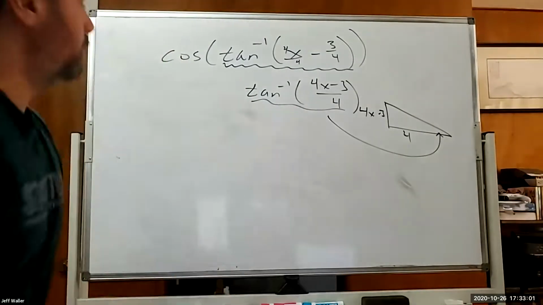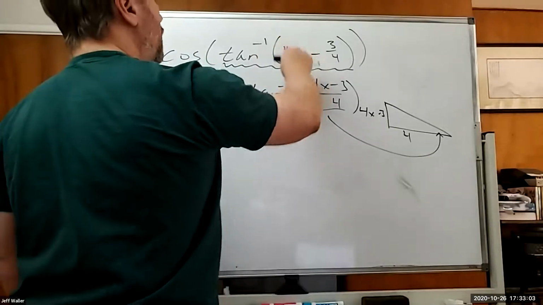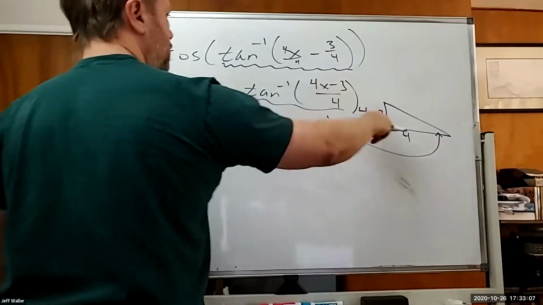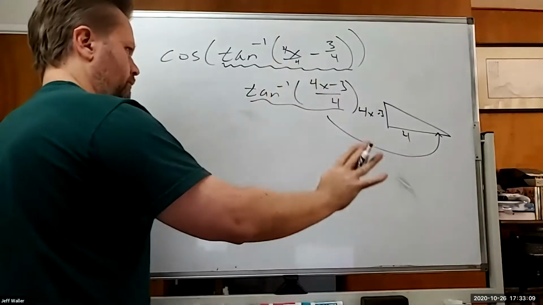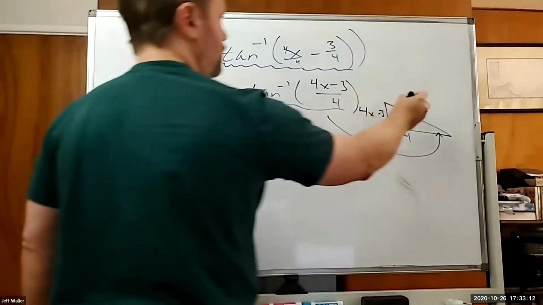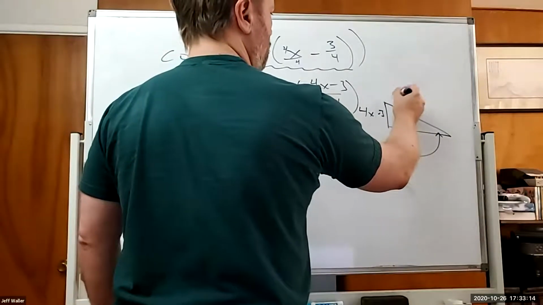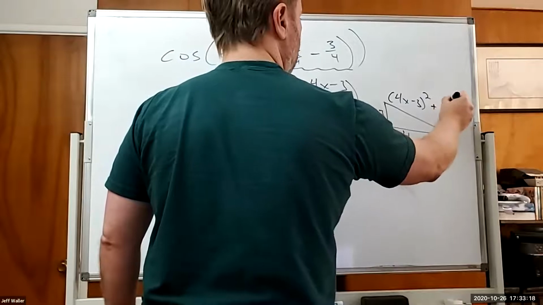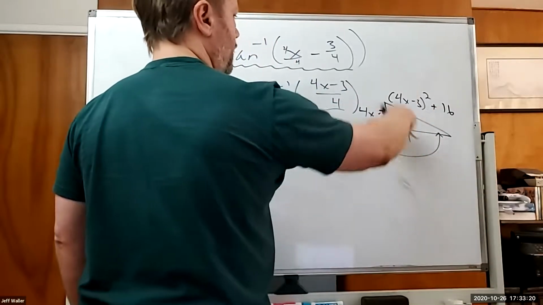Okay. So remember, inverse trig functions are angles that you can make live in a triangle, and this is the ratio of the appropriate sides. And now I could use Pythagorean theorem. It would be (4x minus 3) squared plus 16, right? And then what is that?